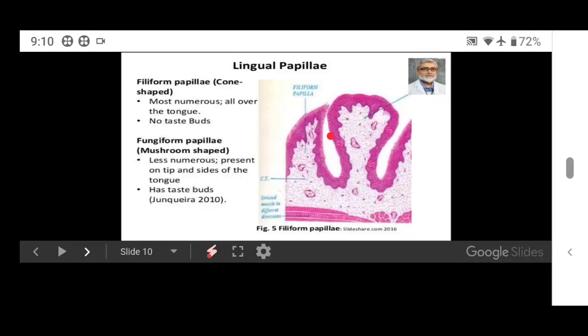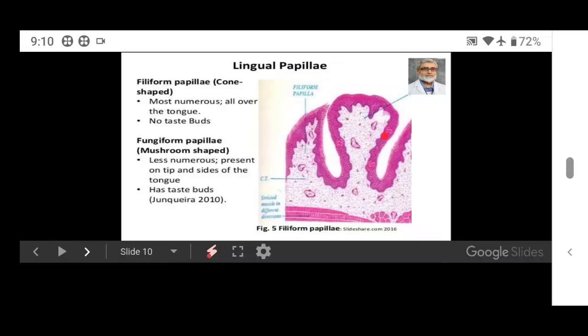Just observe here, lingual papillae, fungiform papillae, filiform papillae distribution, and these are the taste buds embedded in this parenchyma. Taste buds are there, it is well visible.